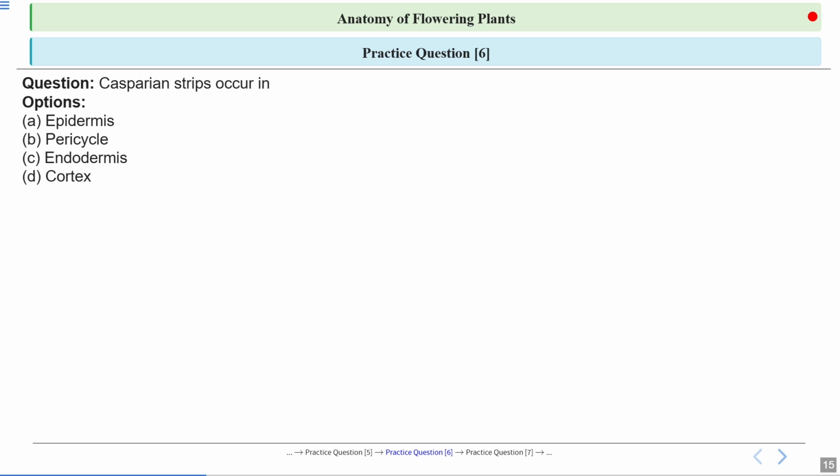Casparian strips occur in, where we see the Casparian strips: A. Epidermis, B. Pericycle, C. Endodermis, and D. Cortex. Where we see the Casparian strips? Which option is correct?